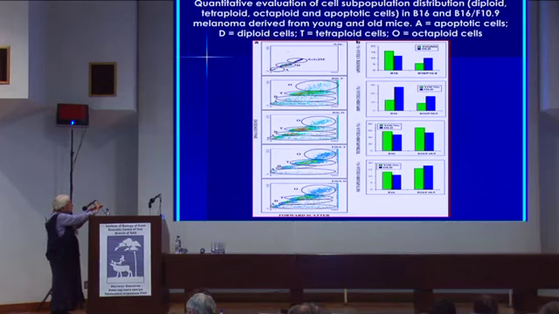By contrast, the opposite picture is seen with respect to tetraploid cells. We have fewer tetraploid cells in old than in young, okay?